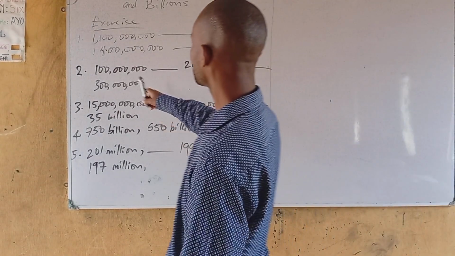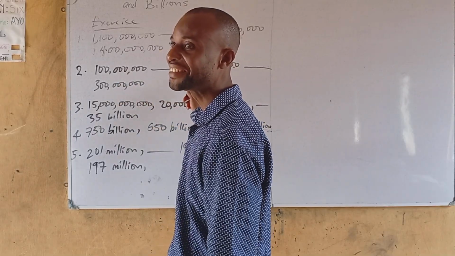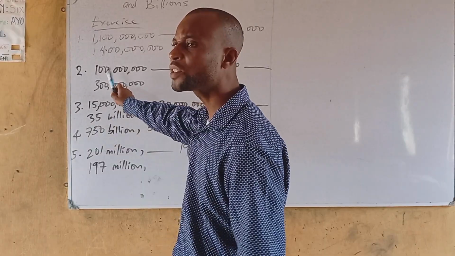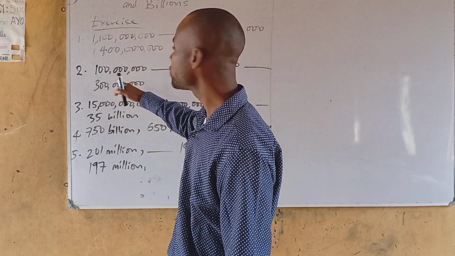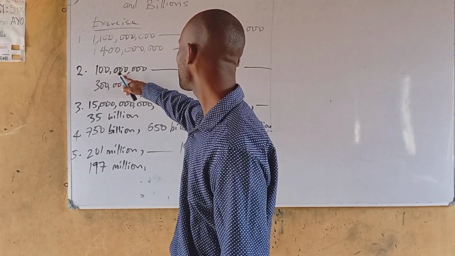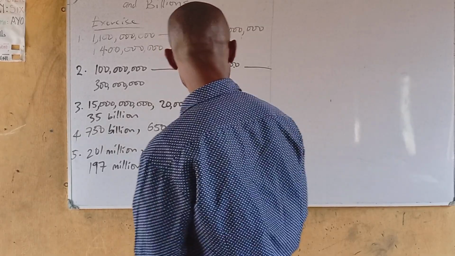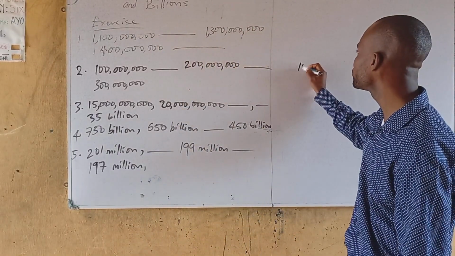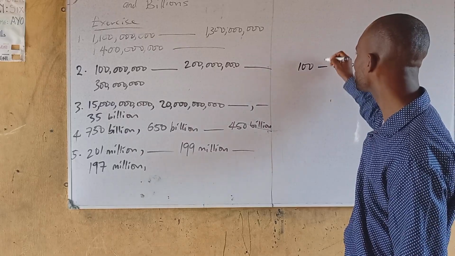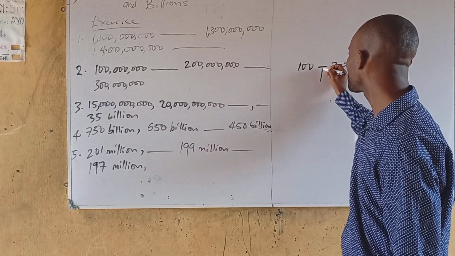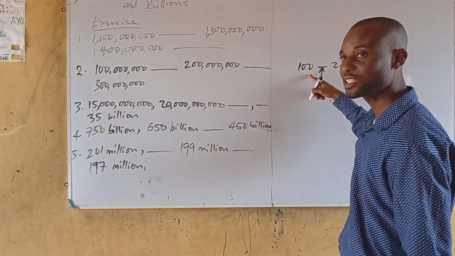We said we don't get this 100 million because you're expecting the next number to be 200 million, but there can be an equal division between 100 million and 200 million. Let's break it down small. Let's take only 100 and 200. There's something between 100 and 200. What number is that?